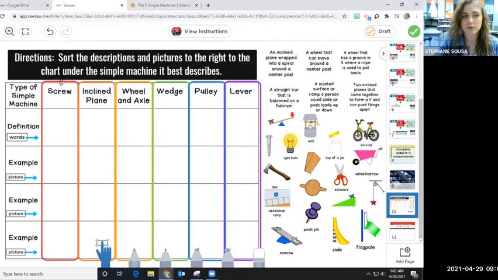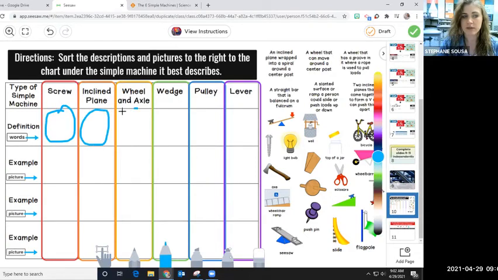We have a screw, an inclined plane, a wheel and axle, a wedge, a pulley, and a lever. You will notice over here, this is the definition, and it says words. You are going to put the definitions or the words of a screw, of an inclined plane, of a wheel and axle, of a wedge, of a pulley, and of a lever here.